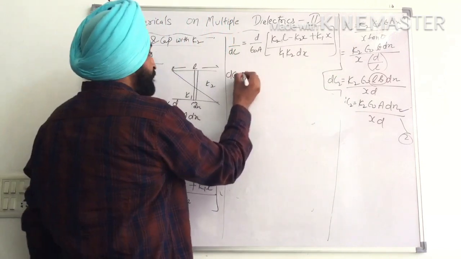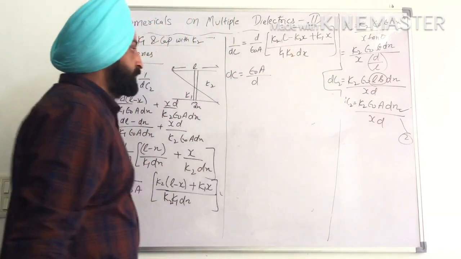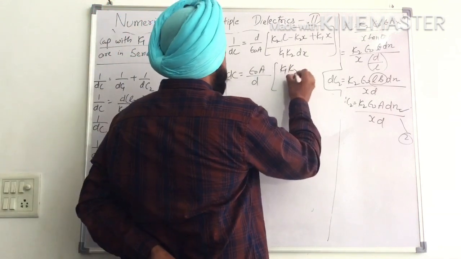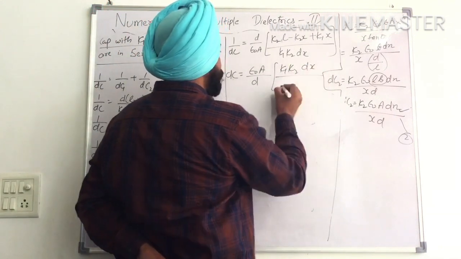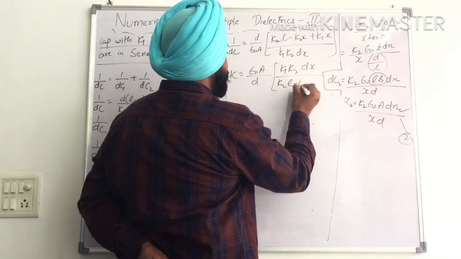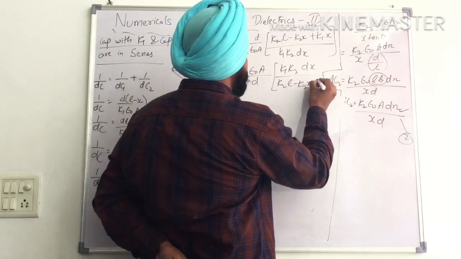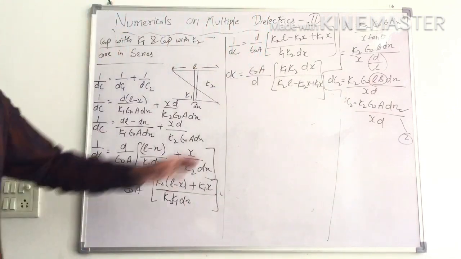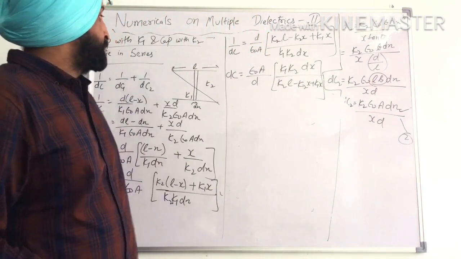Now to get the value of DC, we have to take its reciprocal, and it will be equal to K1 K2 dx over K2L minus K2x plus K1x. So this is the equation that we are going to get.